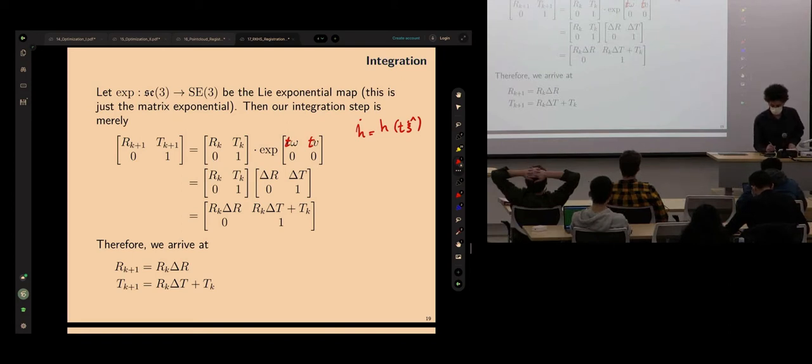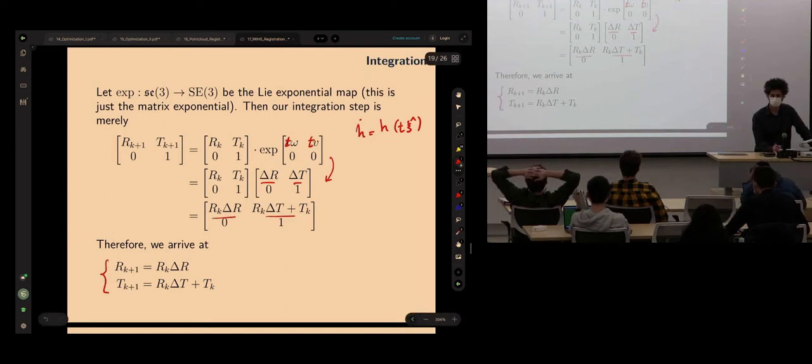So ultimately, the exponential term will give you a delta rotation and delta translation, whatever that is. The gradient along some direction with some step size tells you to do a delta rotation, do a delta translation. Multiply them using matrices, and that results in the integration rule that we need. So rotation is accumulated by multiplication.